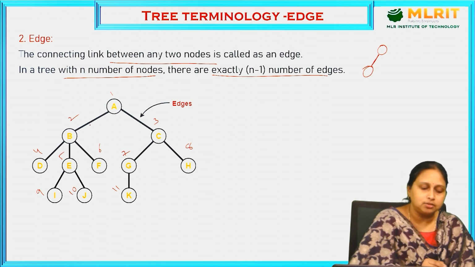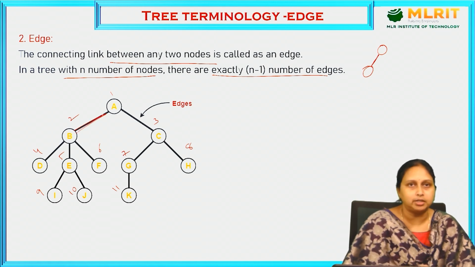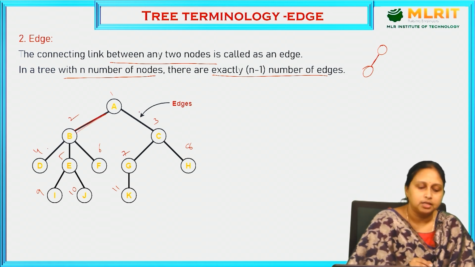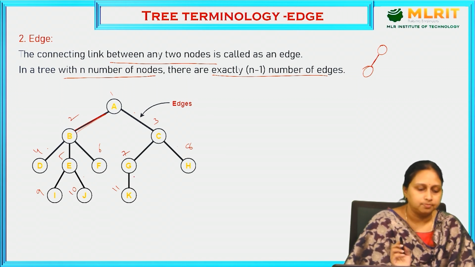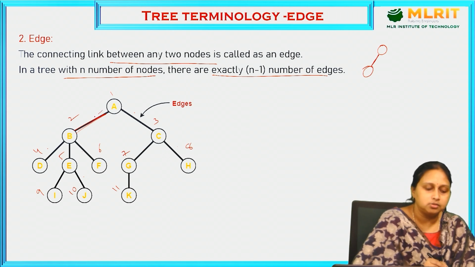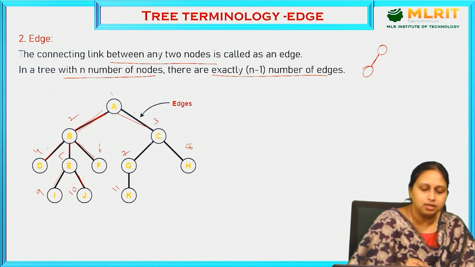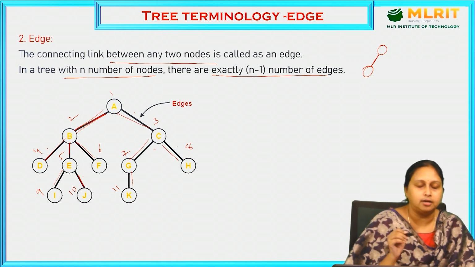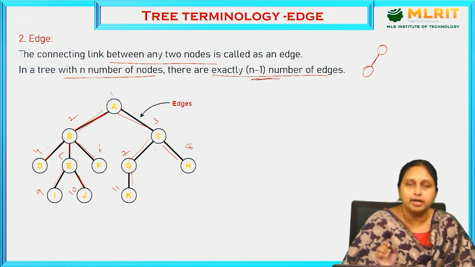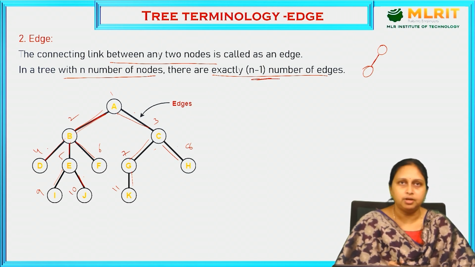This is one edge, a link between two nodes is nothing but an edge. 1, 2, 3, 4, 5, 6, 7, 8, 9, 10. That is n minus 1 edges you will have, right?